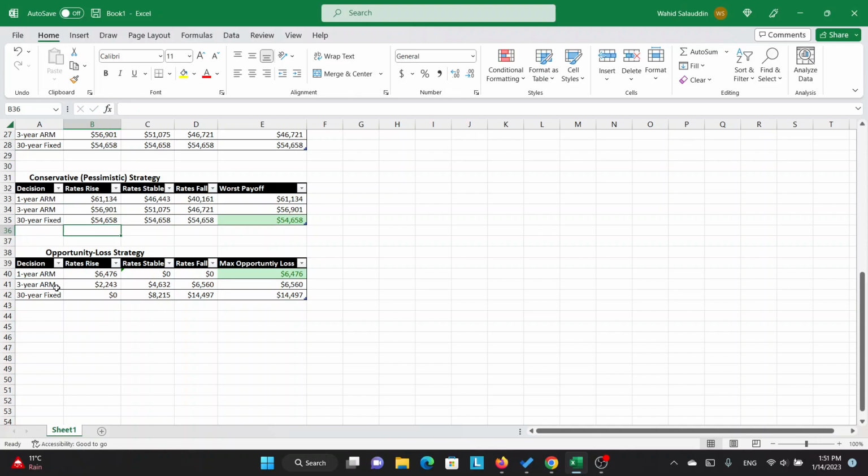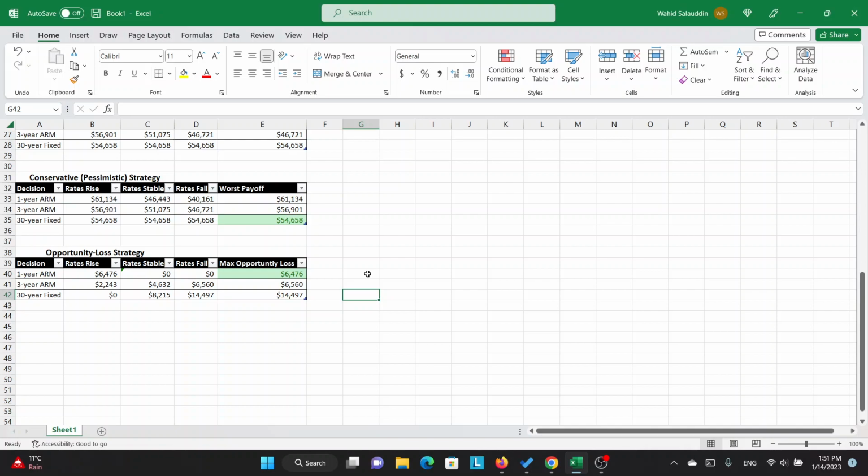For the 3-year adjusted rate mortgage, it's going to be 56,901 minus the minimum if the rates rise, so that's 54,658. Following this way, we see that the maximum opportunity loss if we choose the 1-year adjusted rate mortgage is going to be 6,176. If we choose the 3-year adjusted rate mortgage, that's going to be $6,560.